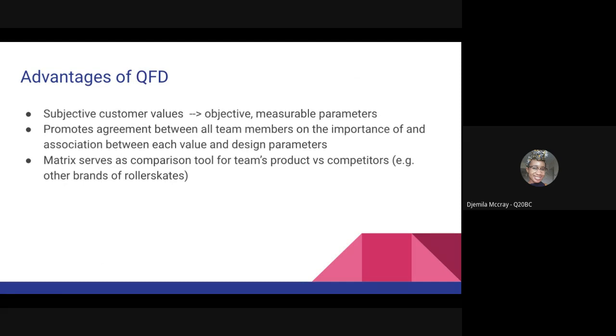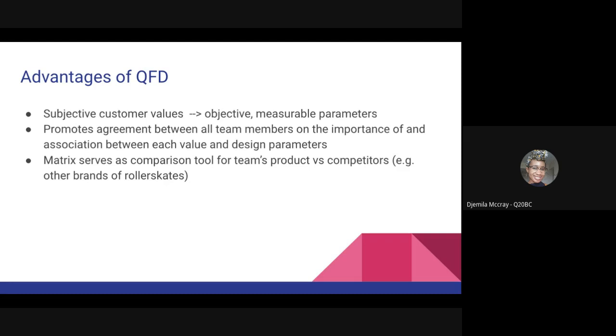In addition to that, this technique promotes agreement between all of the development team staff, because when it comes to determining the association scale as well as the association between each characteristic, we would need agreement between all the team members, because realistically, we would have more team members doing this process with more conflicting ideas.